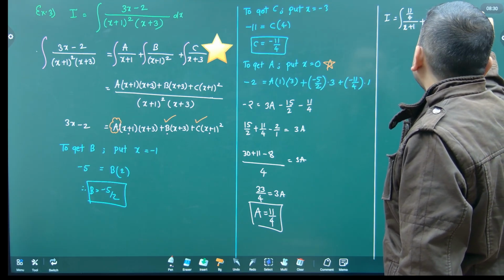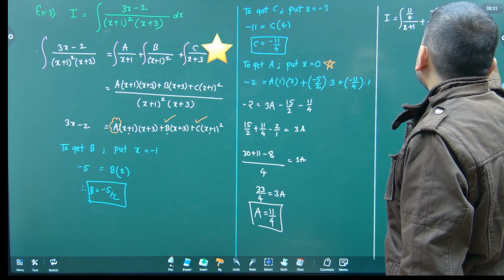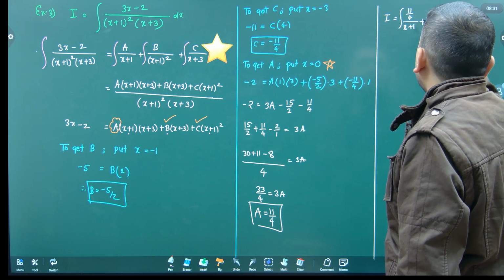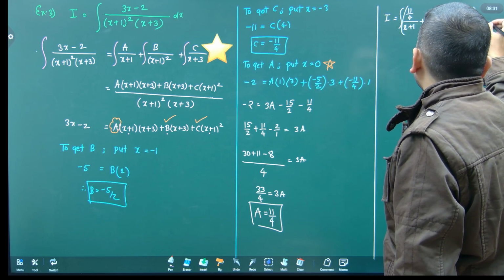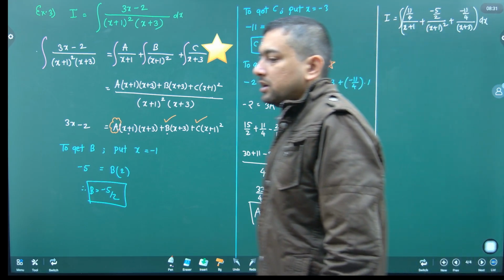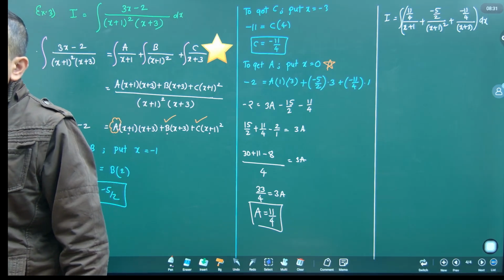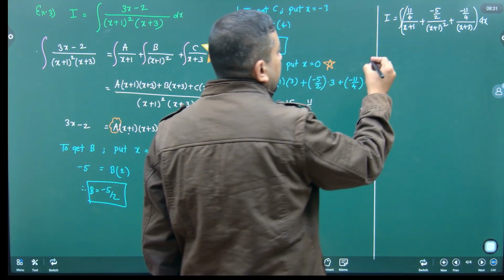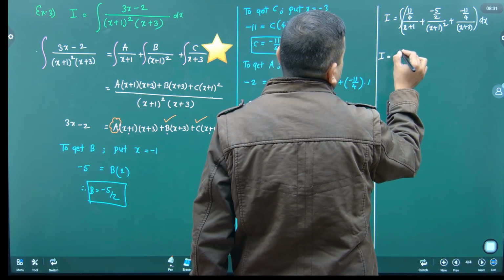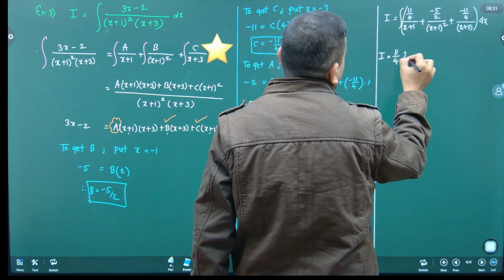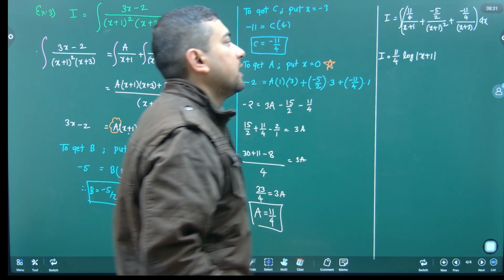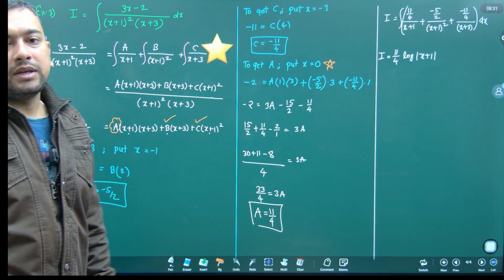What is C? Into dx. Let us solve this now. I will be equal to 11 by 4 into log of x plus 1. Correct? Okay. Now how will you find the integral of the next term?